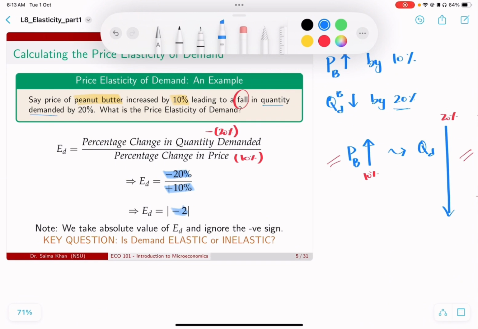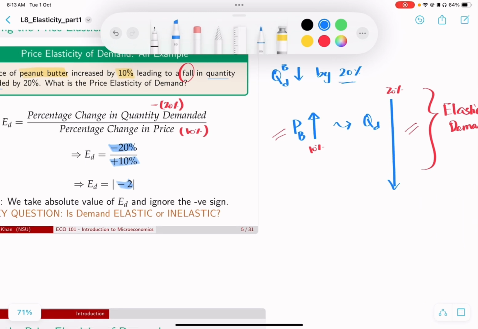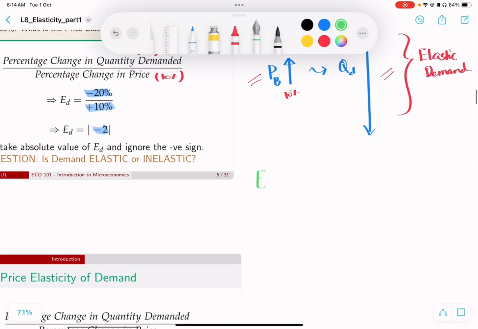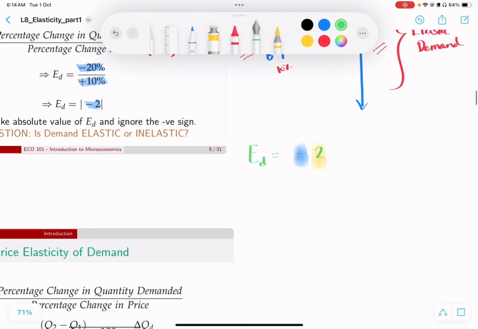Now, whenever we're doing elasticity, when you're looking at the interpretation, remember there are two parts to it. Here we see that the elasticity of demand is minus 2. This minus actually has an interpretation and this 2 has a different meaning. So what does the minus show?